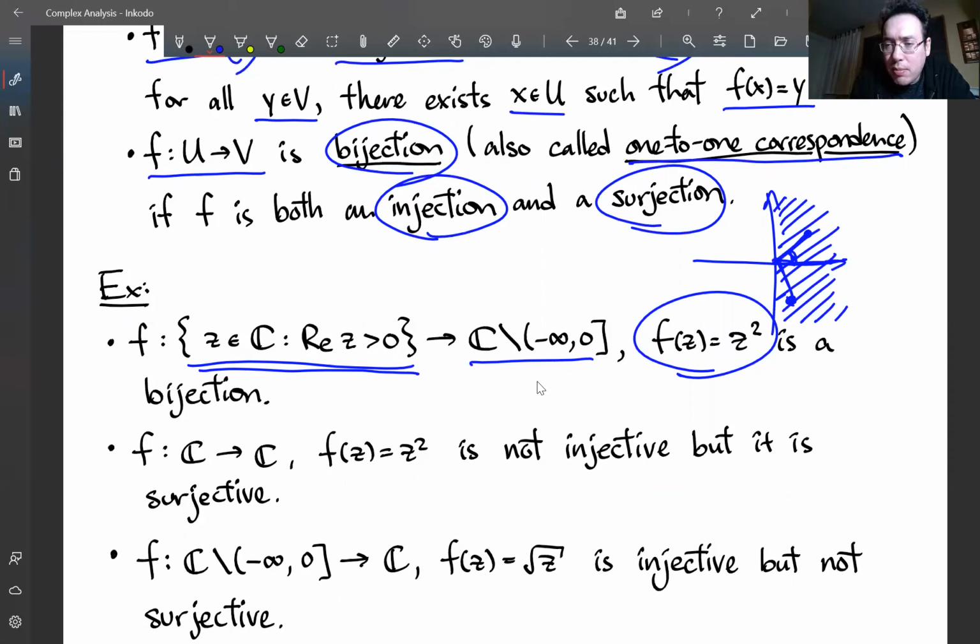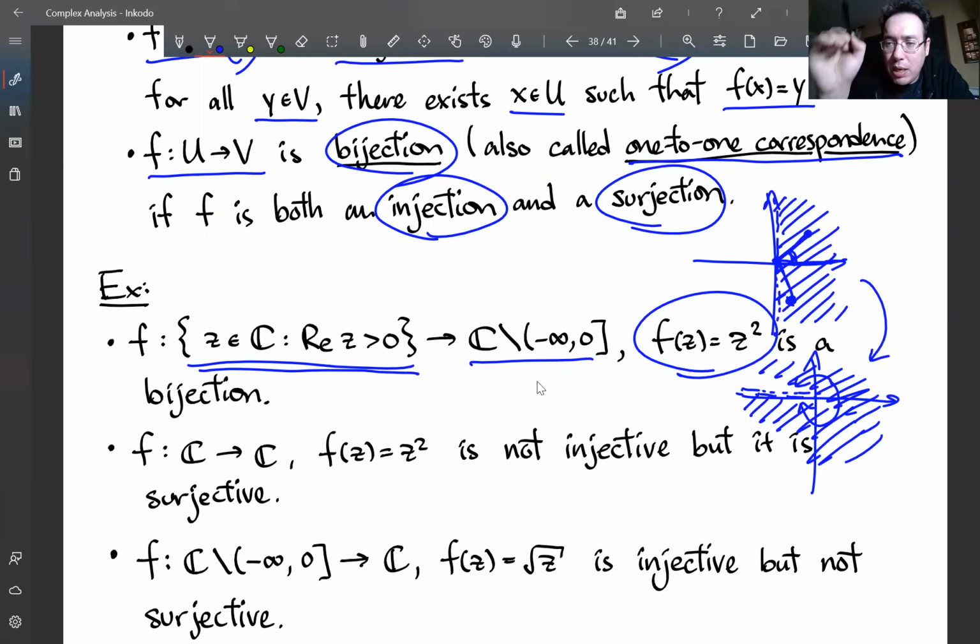you'll get... I didn't leave myself a lot of room to draw this. You'll be able to get all the angles from negative pi to positive pi. But you will exclude the negative real axis because the domain excludes the imaginary axis.